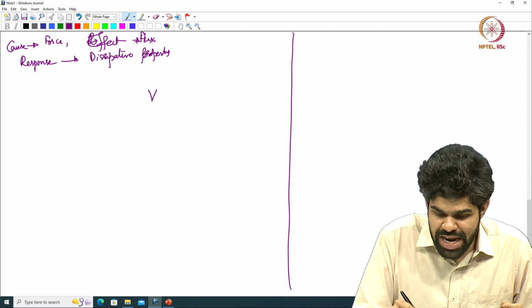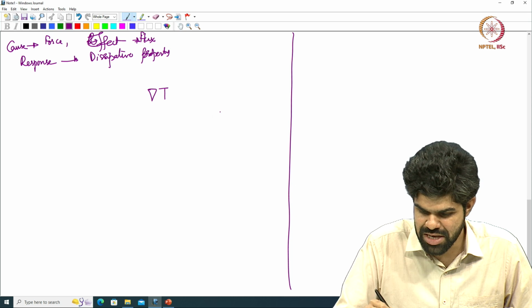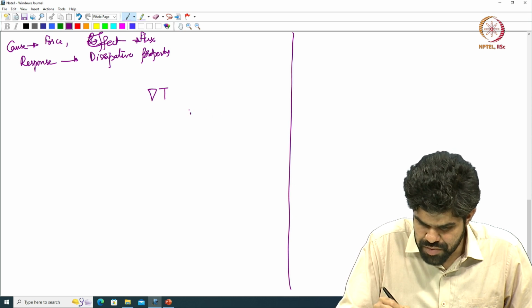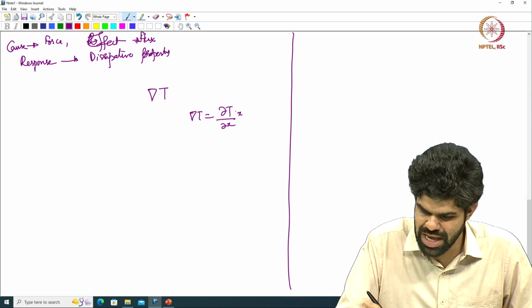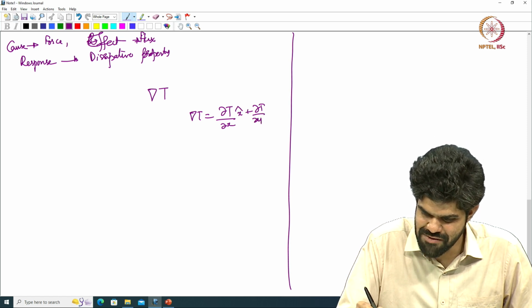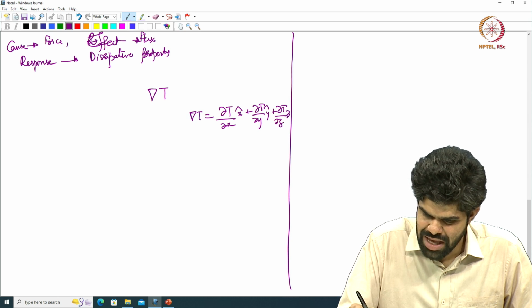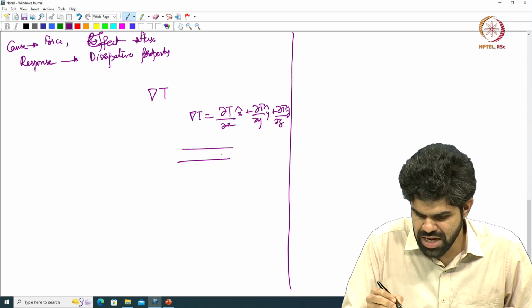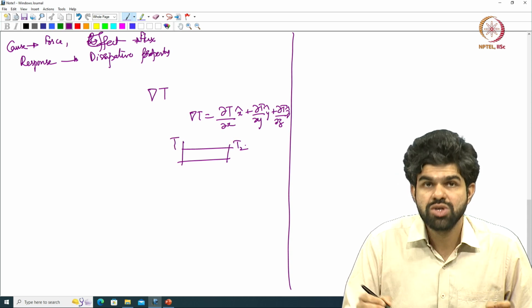Now what are the other dissipative properties? I can have a gradient of temperature, the gradient of T, which is nothing but dou T by dou X x cap plus dou T by dou Y y cap plus dou T by dou Z z cap. Across a material I have T1 at one end and T2 at the other.